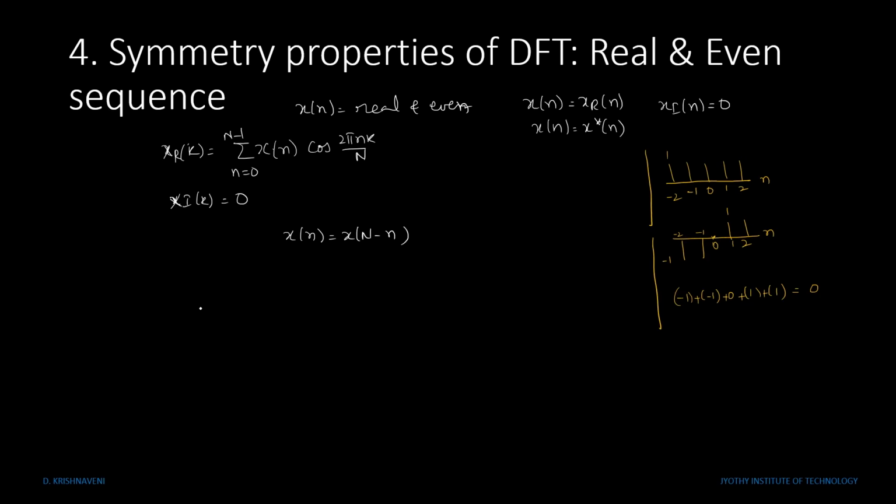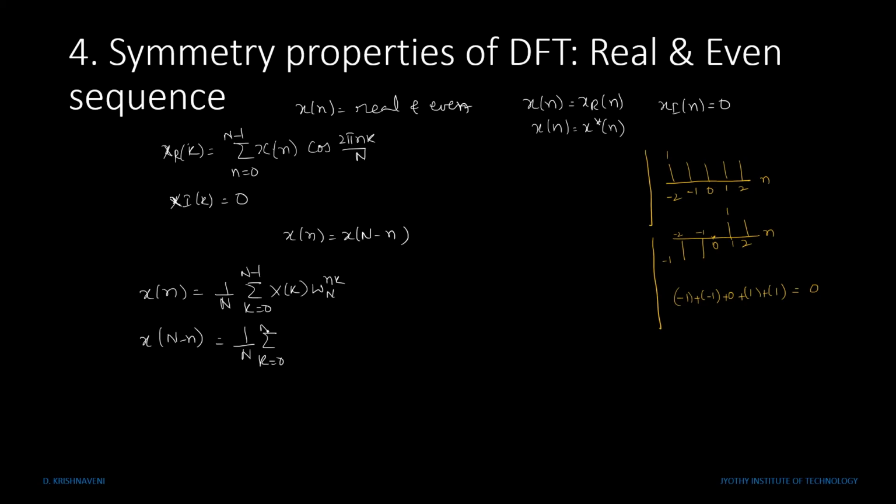And this can be proved by taking the IDFT formula. You take x of n is equal to 1 by N summation k equal to 0 to N minus 1 X of k W_N to the power of nk. Now in place of n, substitute N minus n.